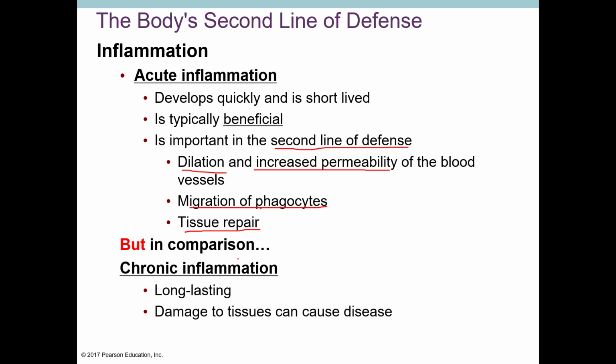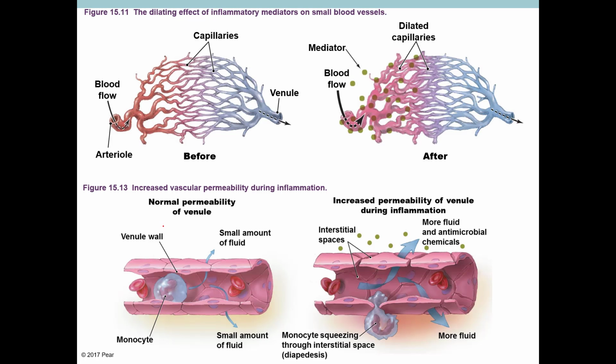In comparison, if you have chronic inflammation that goes on and on, it can have a much more negative effect on the body. That's why a doctor is going to want to know how long it's been going on, because he's trying to separate these two things.